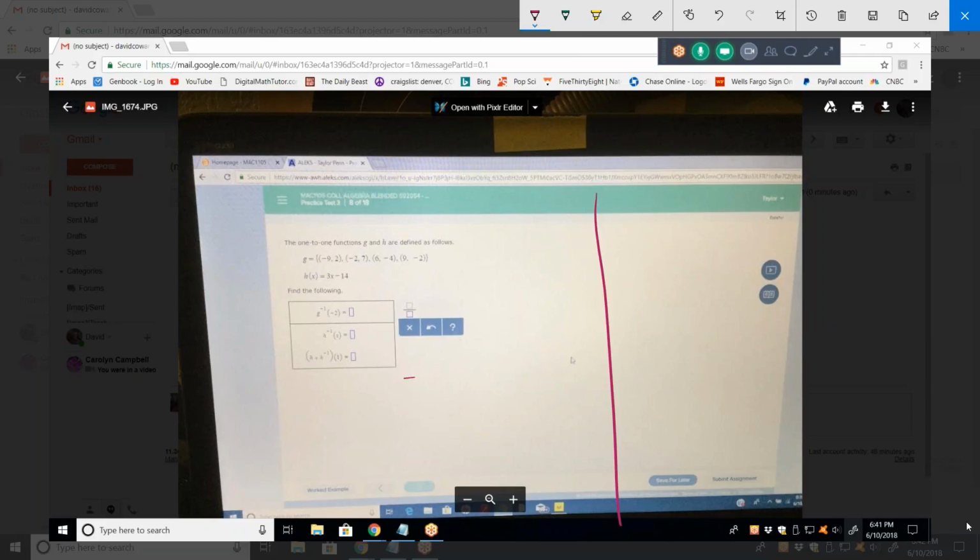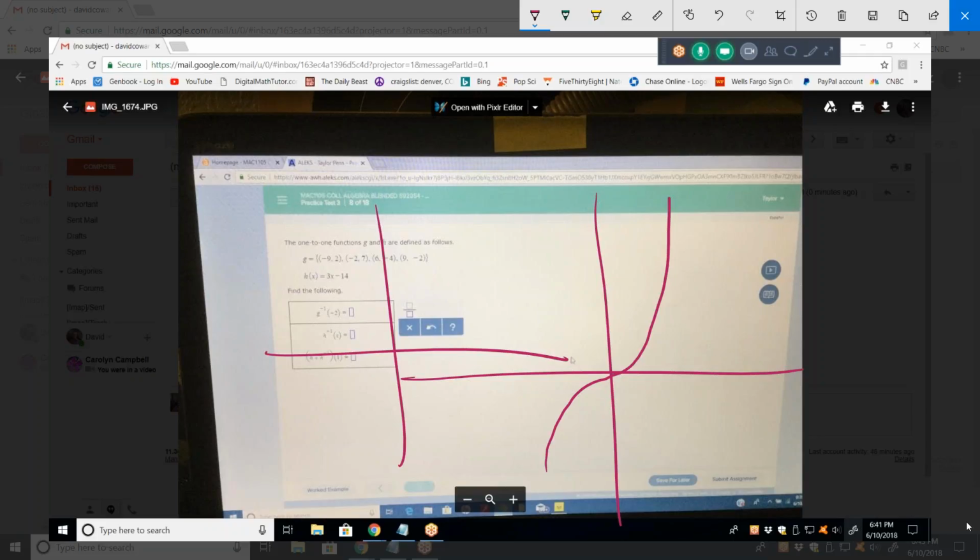But if I were to draw y equals x cubed, that is one-to-one. In other words, that passes both vertical line and horizontal line tests. That makes it one-to-one, and it also means there is an inverse. Notice that my first function that I drew, the parabola, doesn't have an inverse. If I were to draw that inverse, I would get this, and that's not a function.